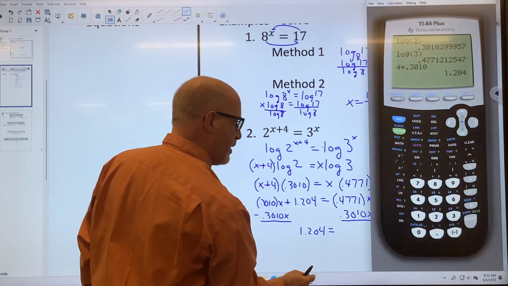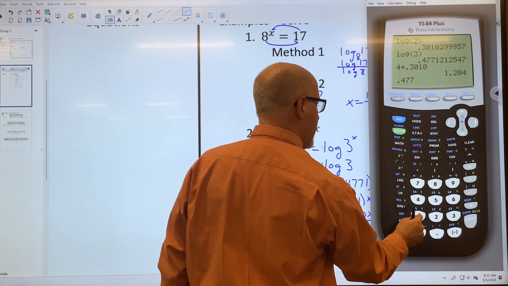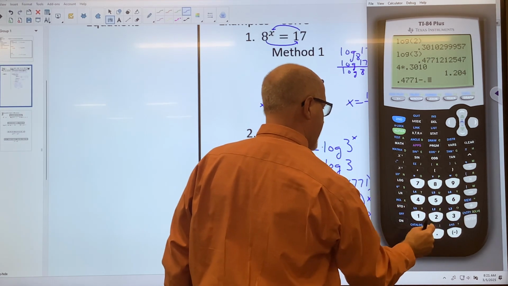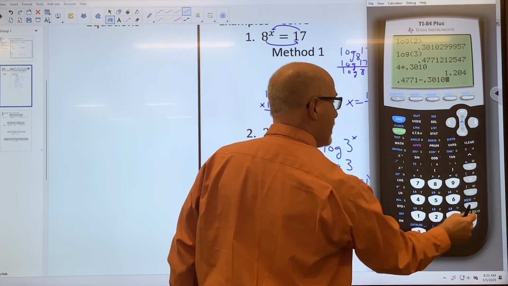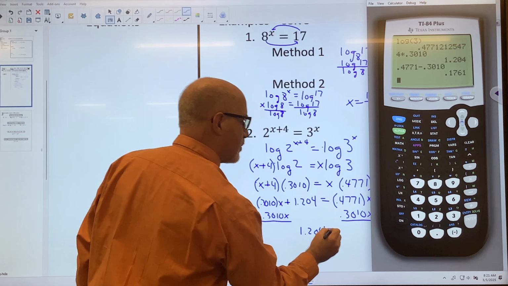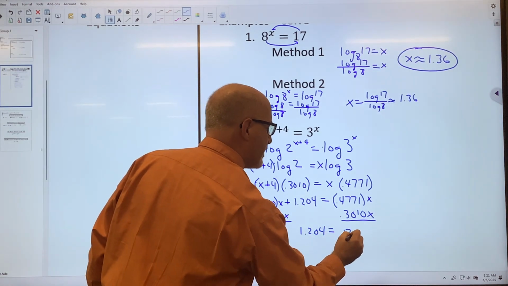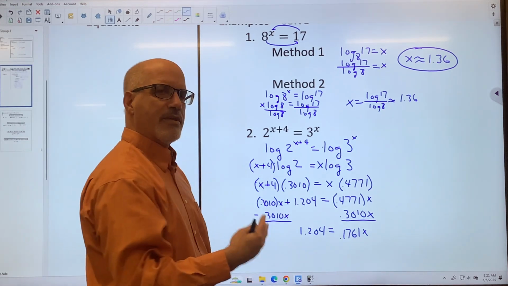So 0.4771 minus 0.3010, and what I get is 0.1761x. So notice it's just like subtracting, but now with decimals.